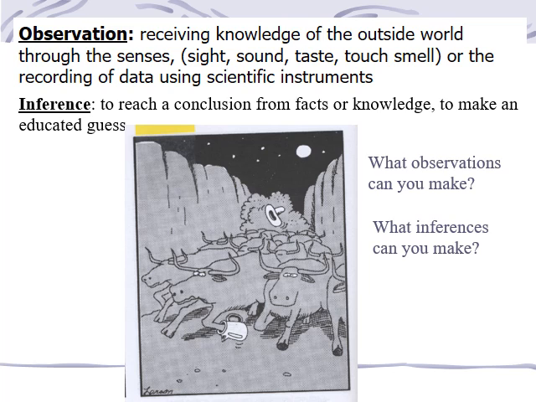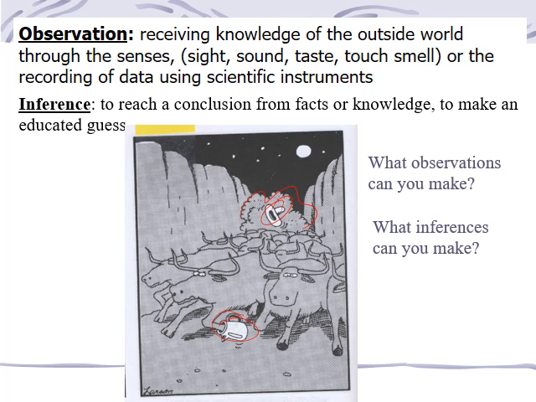Well, you know, for instance, that it is nighttime. You can see the moon and the stars out there behind them. You know that these cows, and they appear to all be cows, are apparently running. You can see the smoke behind them here. You know that there is a hat, and there looks like a coffee pot, if I was to guess, on this one cow's leg.